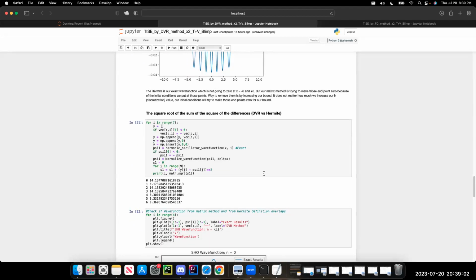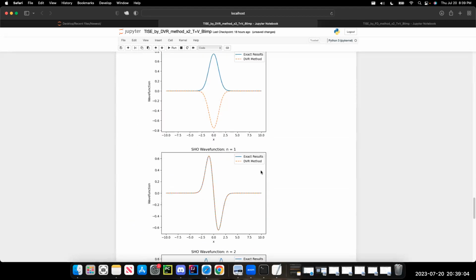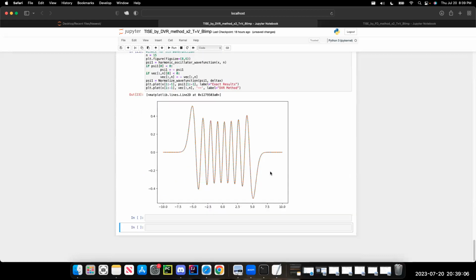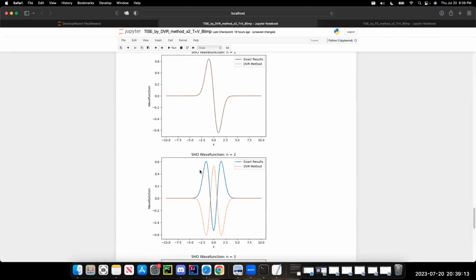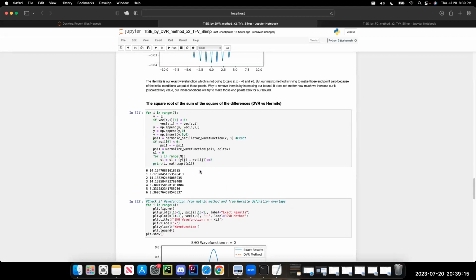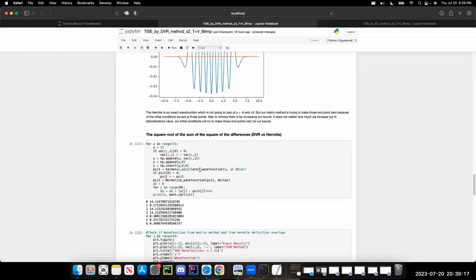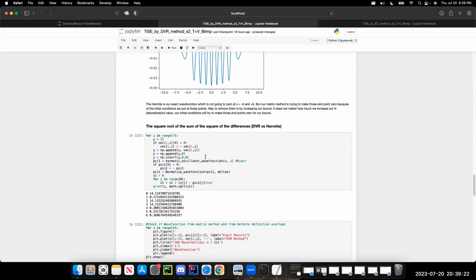Now, there's also an additional concern here towards the bottom, where we had discrepancies, and you can see that discrepancy doesn't exist. And again, we do have some graphical inversions, which shouldn't be too hard to deal with. There was an additional objective to look at the square root of the sum of the square of the differences.